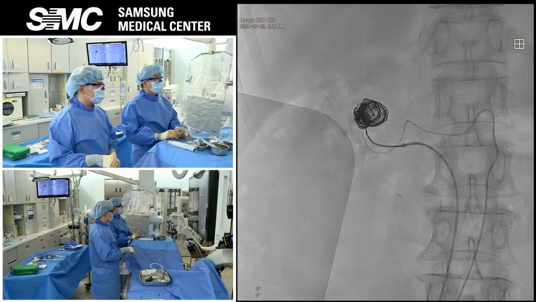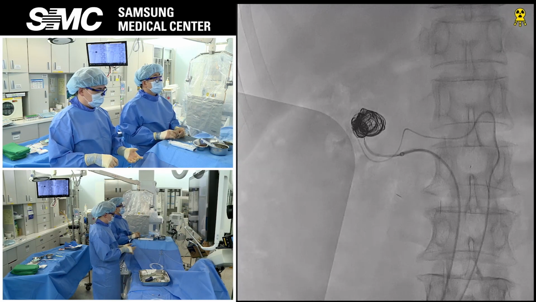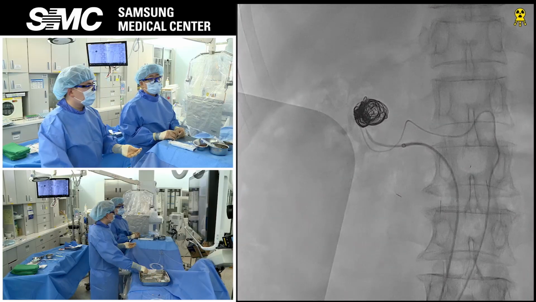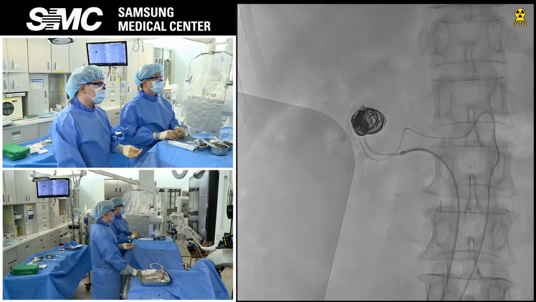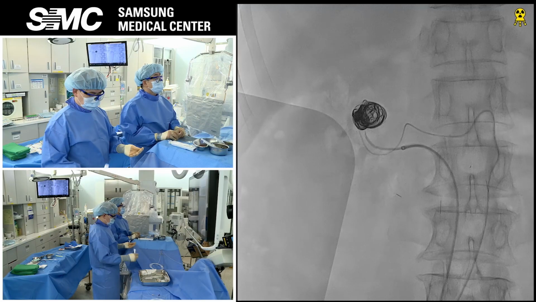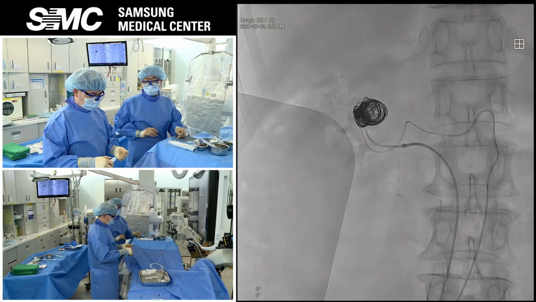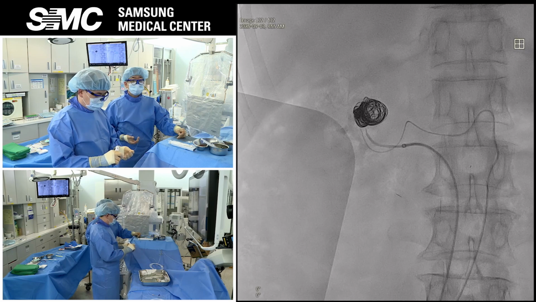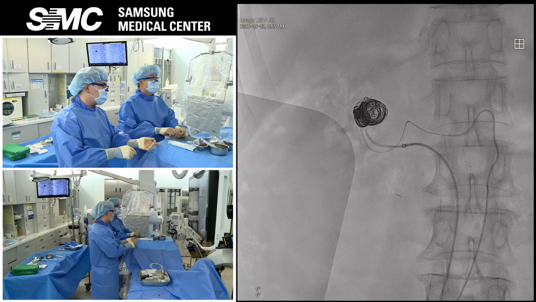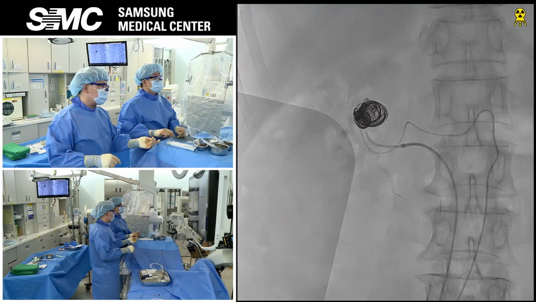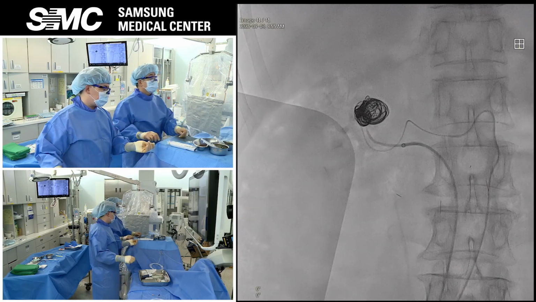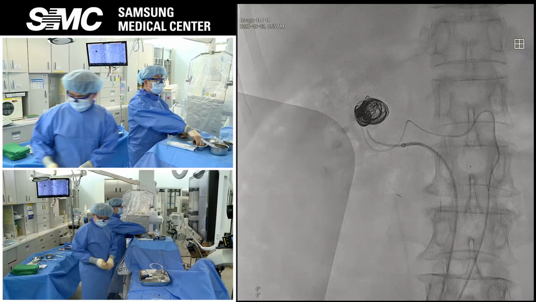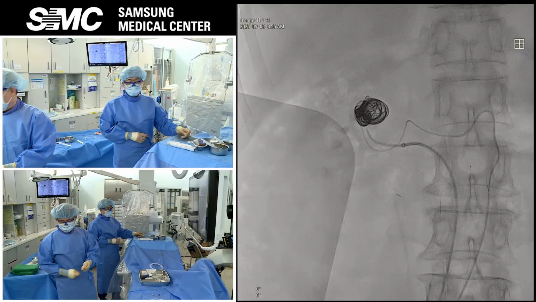Depending on the anatomy of the nidus, some parts cannot be occluded by coils alone. At that time, we consider liquid embolic material like ethanol or glue or Onyx. But in Korea, we cannot use Onyx for AVM embolization.